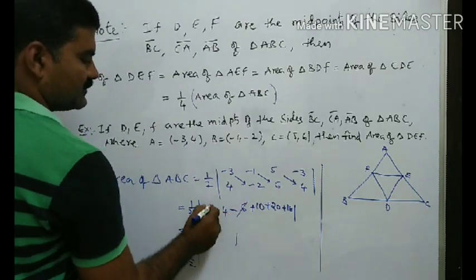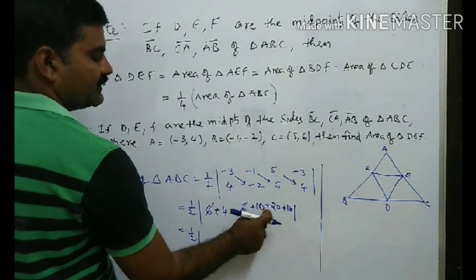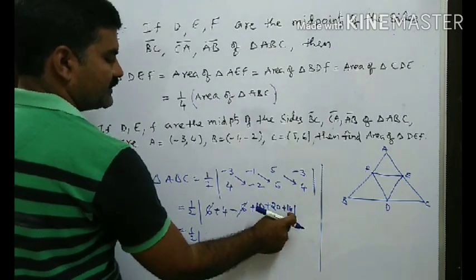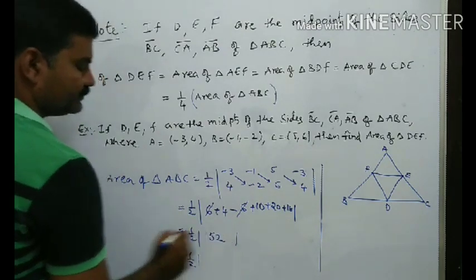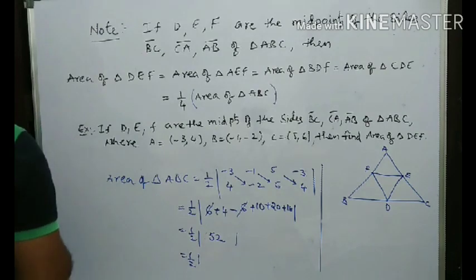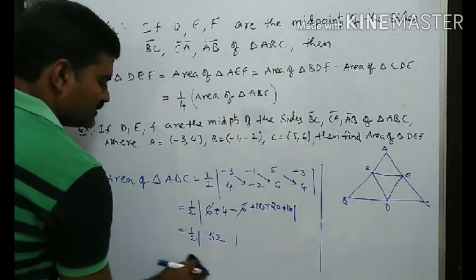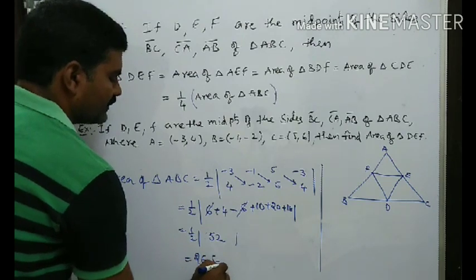So +6, -6 cancel. 10, 20, 30, 30 and 48, 48 and 4, 52. So half into modulus of 52, which is nothing but 26 square units.